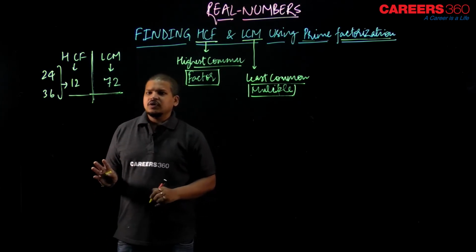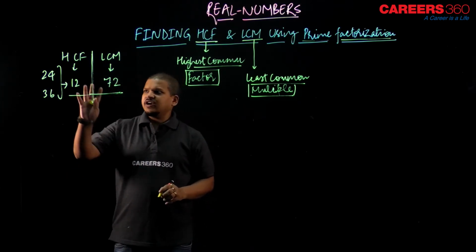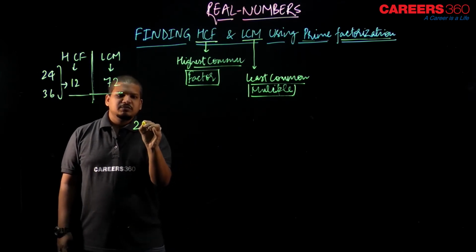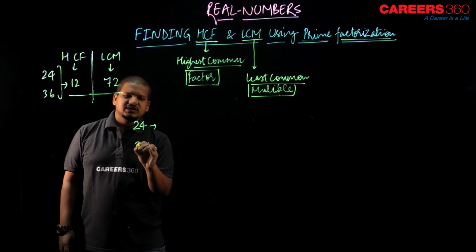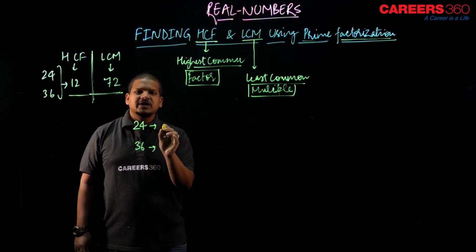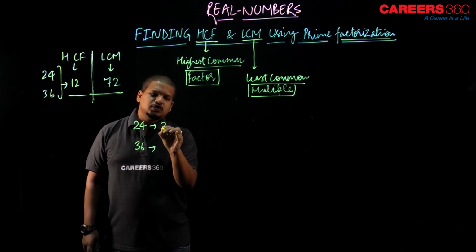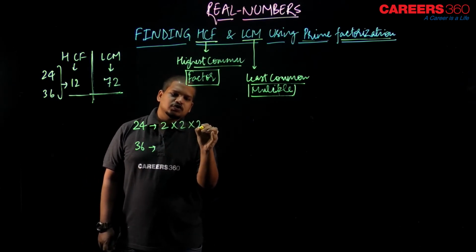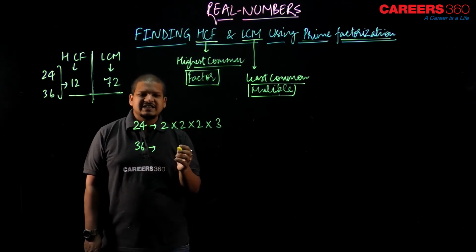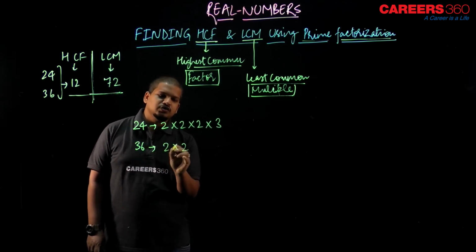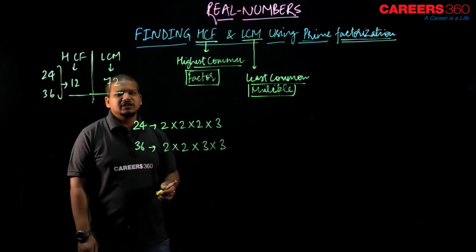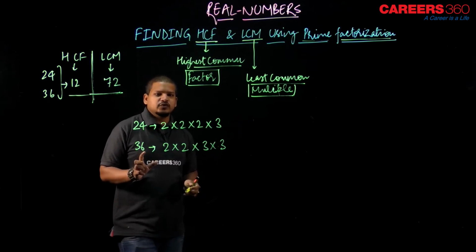Now we'll try to find out these numbers using prime factorization only, right? So there is this number 24 and there is this number 36. If I write the prime factorization of 24, this is 8 into 3. So 8 is 2 cross 2 cross 2 into 3, and 36 is 4 nines are 36, that is 4 is 2 into 2, and 9 is 3 into 3. So this will be the prime factorization.